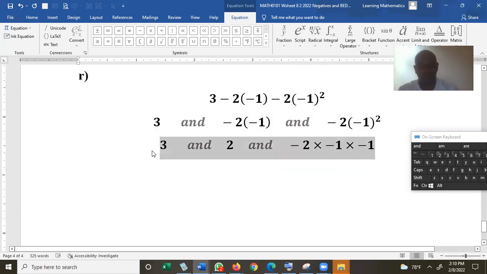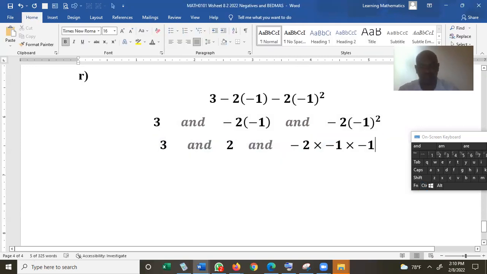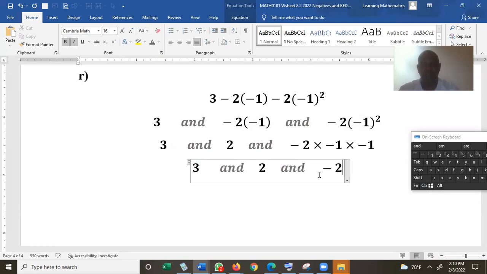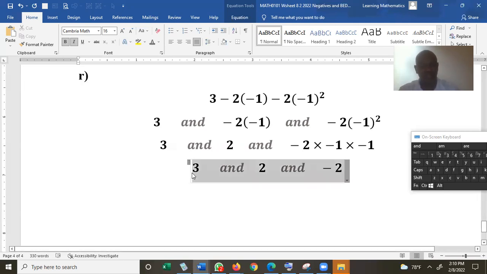So almost to the end, what do we have? We have a 3 and a 2, which is negative 2 times negative 1, and a negative 2. A 3 and a 2 and a negative 2 will give us what?